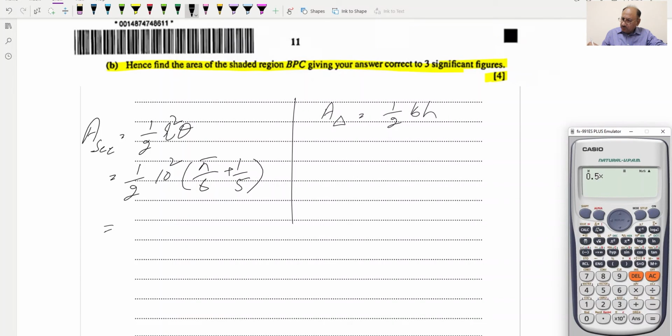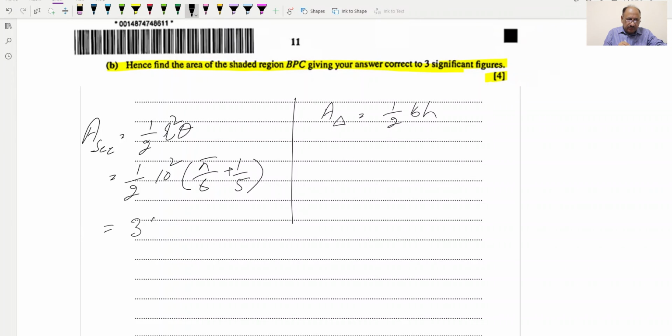So it will be 10 square, 100 into pi over 6 plus 1 over 5, bracket closed, and this is equal to 36.1799, or we can write 36.18, and this will be centimeter square, because measurements are in centimeters.